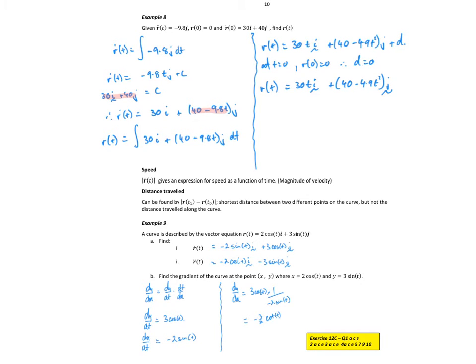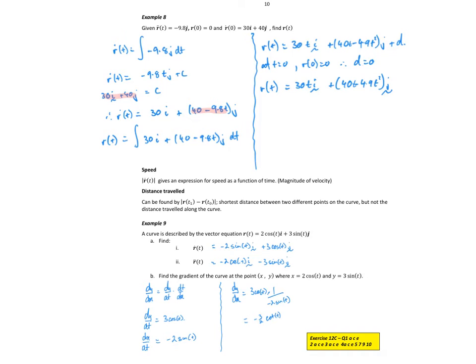I left the t off there, haven't I? Oops. Undo. Let's get that t in there. 30ti, 40t minus 4.9t squared again. t equal to 0.